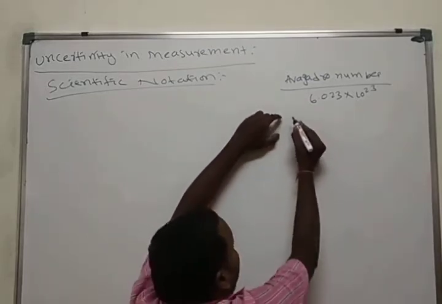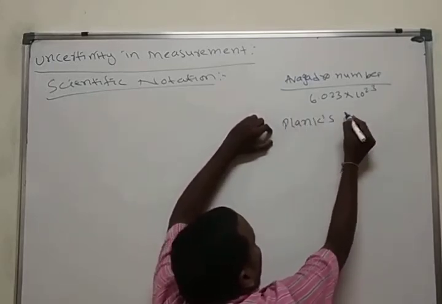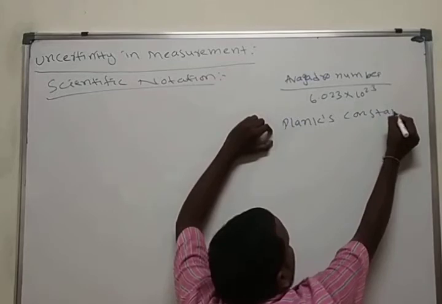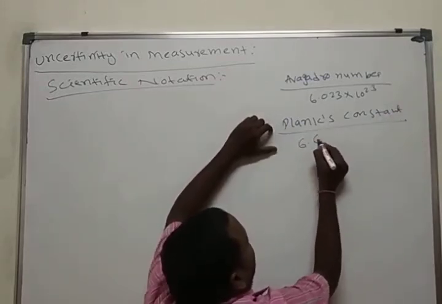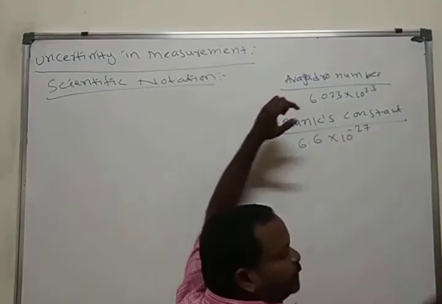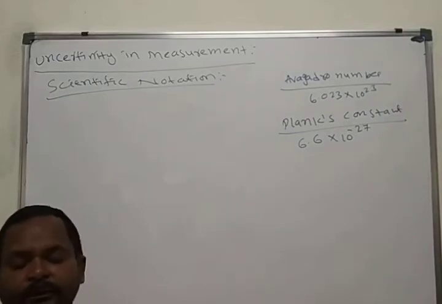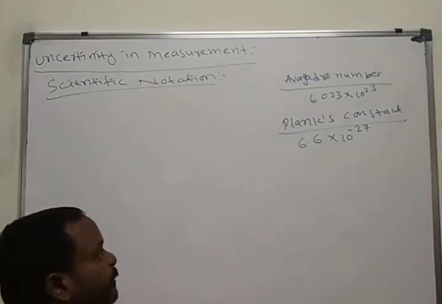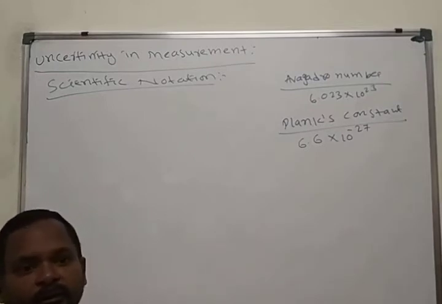And one more is there, Planck's constant. What is Planck's constant? 6.6 into 10 to the power of minus 34 joules per mole.